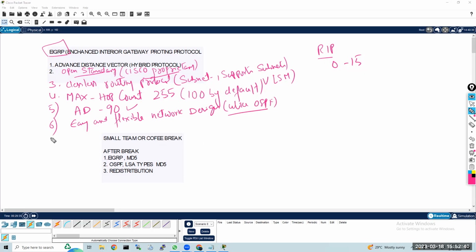Now, what is the multicast IP for EIGRP? Anybody? Multicast IP for EIGRP? It is 224.0.0.10. Remember this one, guys.